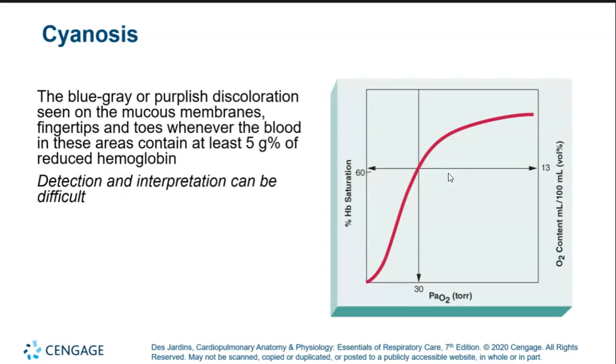Cyanosis is the term we use for the blue-gray or purplish discoloration of the mucous membranes. It happens when you have at least 5% reduced hemoglobin. Remember, cyanosis is a subjective type of symptom. It can be very difficult to interpret or detect depending on the patient's skin coloring, and each of us is going to be different.